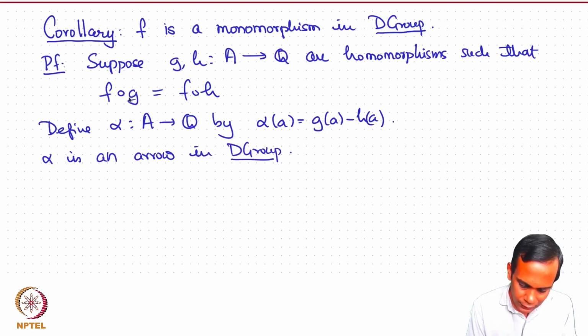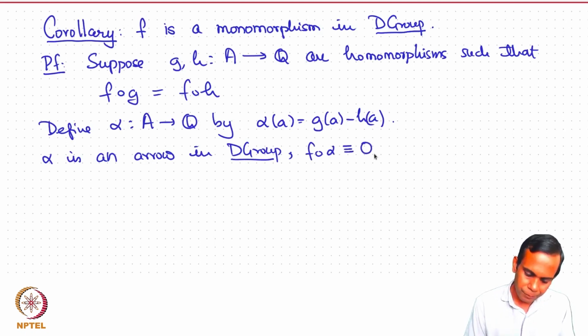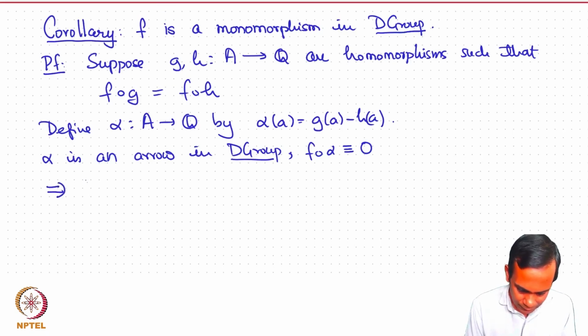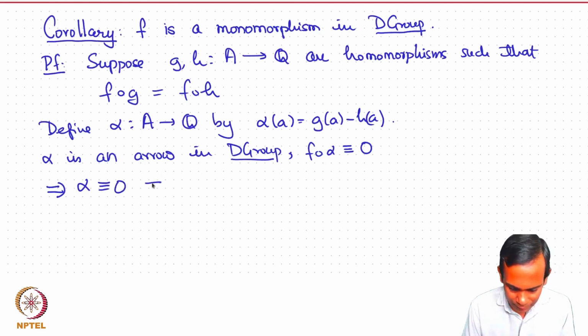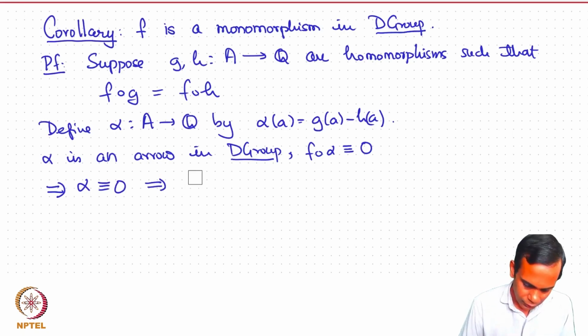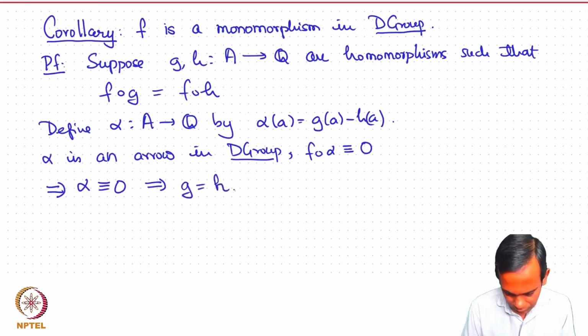And what we have is, because f circle G is equal to f circle H, f circle alpha is identically equal to 0 as a homomorphism from A to Q mod Z. But this implies by the previous lemma that alpha is identically 0 as a homomorphism from A to Q. But that's the same as saying that G is equal to H. So what we've shown is that f is a monomorphism in the category of divisible groups.